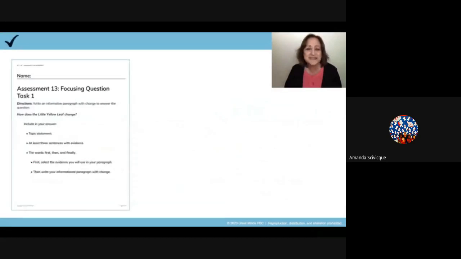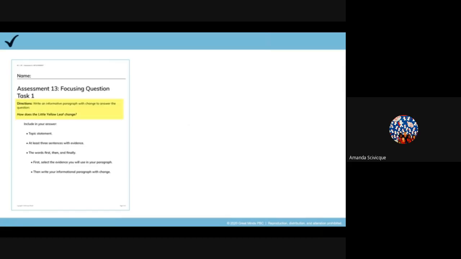Please grab Assessment 13, the focusing question task, and your pencil. Let's review the directions for the focusing question task. Write an informative paragraph with change to answer the question, how does little yellow leaf change?